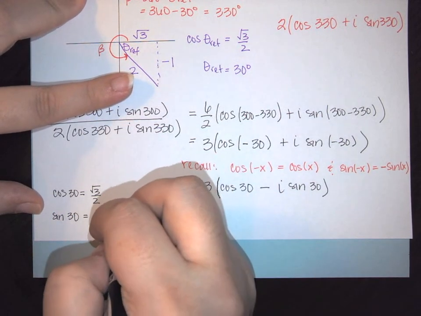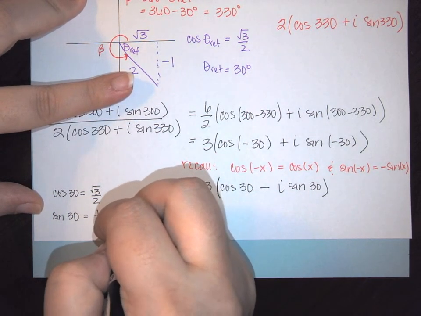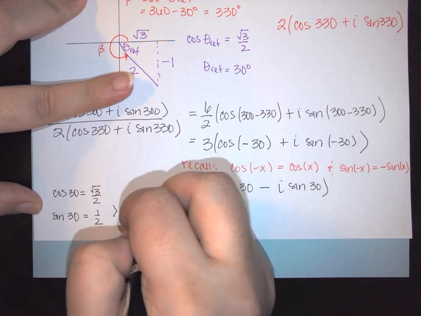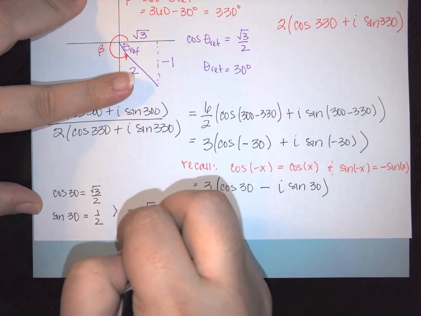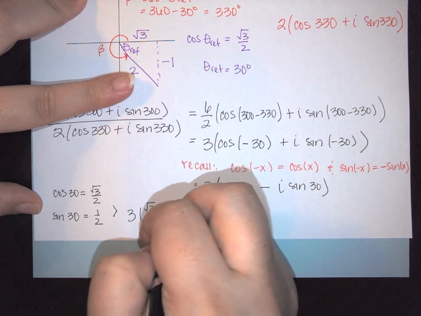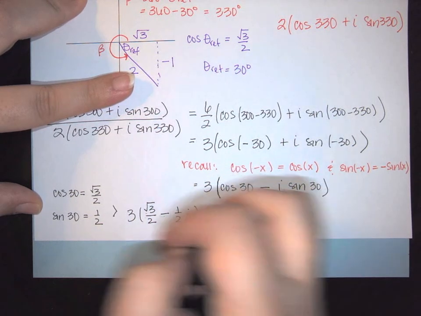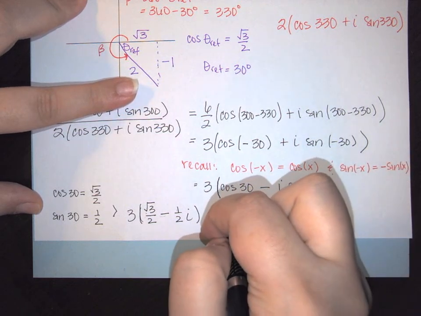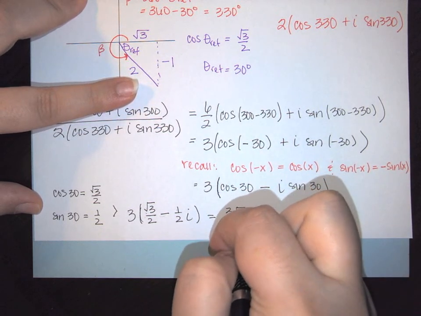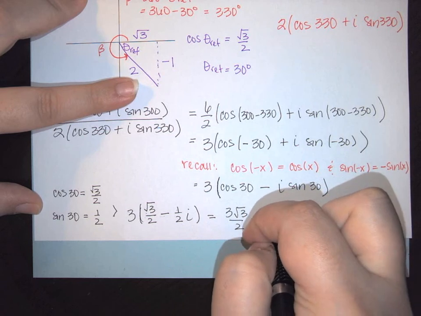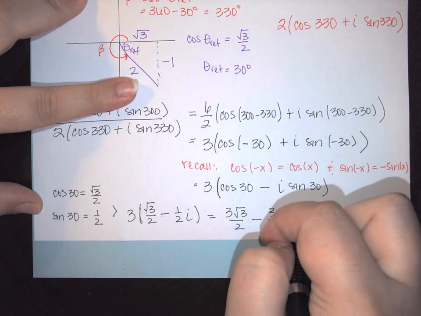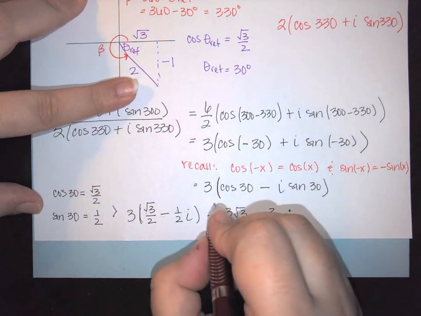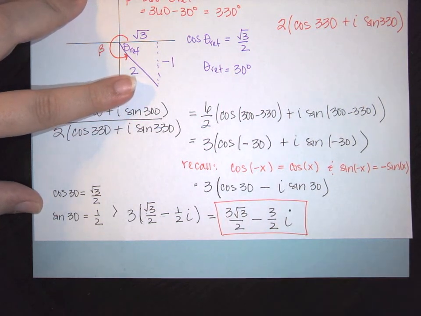This is going to give us 3 times the square root of 3 over 2 minus 1/2 i, which is going to become 3 square roots of 3 over 2 minus 3 over 2 i. And here would be the end result.